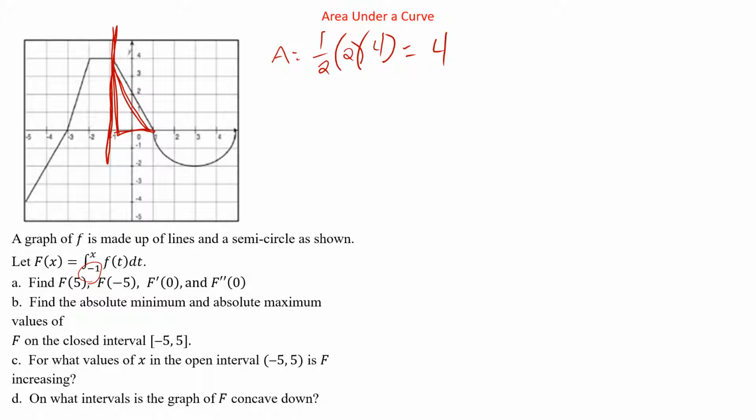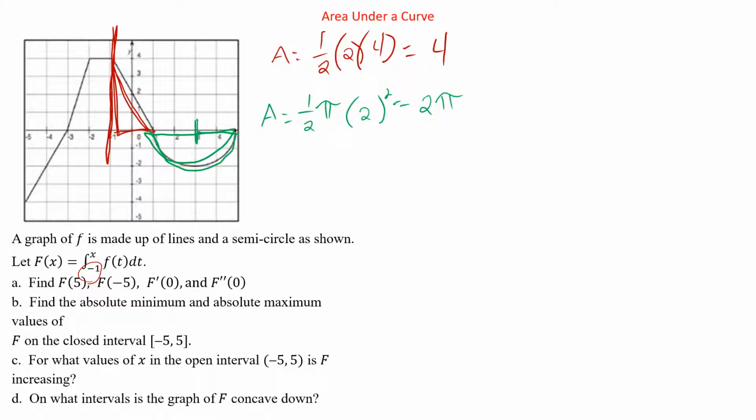We can find the semicircle area. The area of a circle is pi r squared. So a semicircle is going to be 1/2 pi r squared. The radius is 2. So we have 2 squared is 4, times 1/2 is 2. So we have 2 pi.